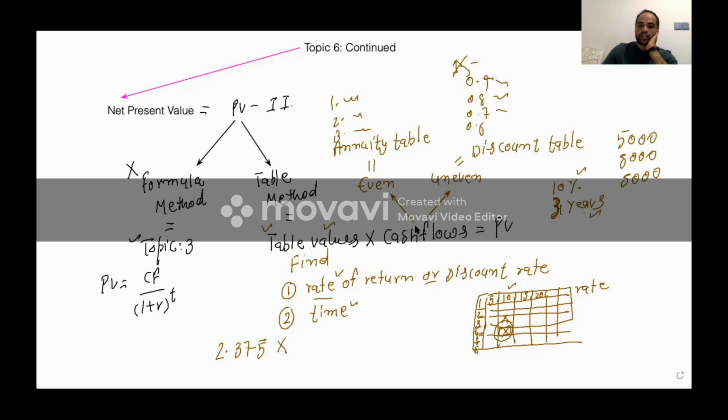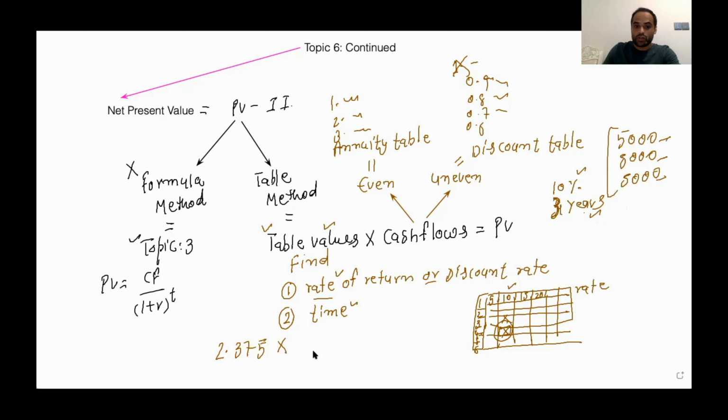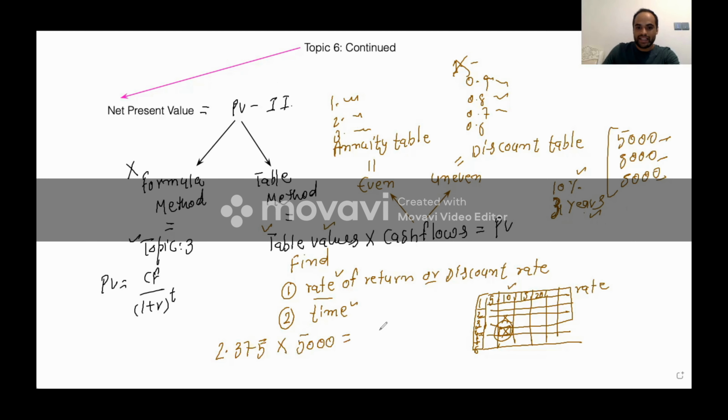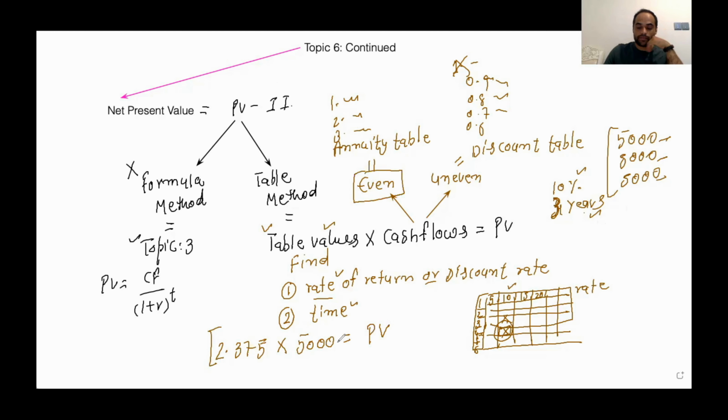Multiply by the cash flows. The cash flow is 5,000, not 15,000, because your cash flows are the same. So you use the annual cash flow, which is 5,000, and this is your PV.